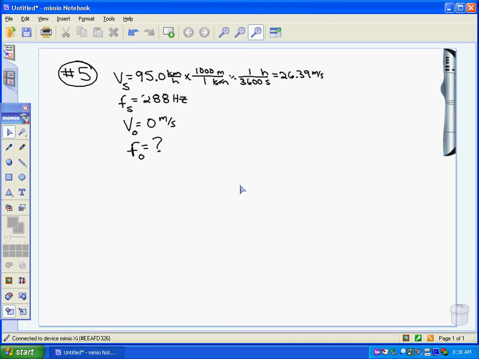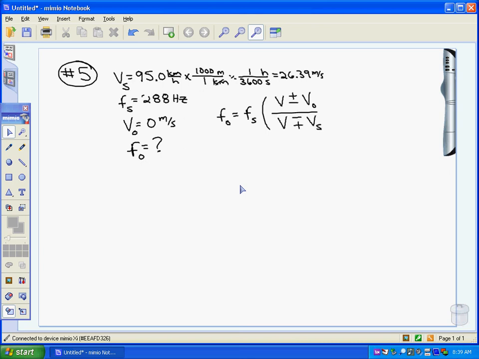So our general equation for this, this is a Doppler shift problem, is the frequency of the observer is going to be equal to the frequency at the source over V plus or minus, and up on top, we have the velocity of the observer over V minus or plus the velocity of the source.